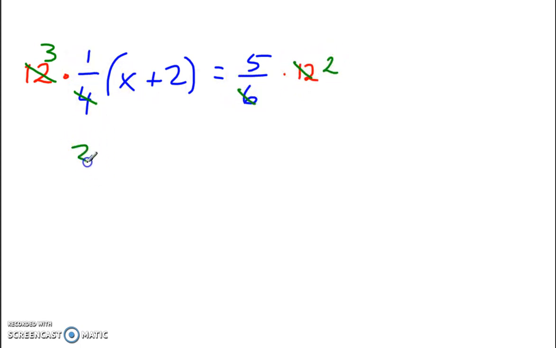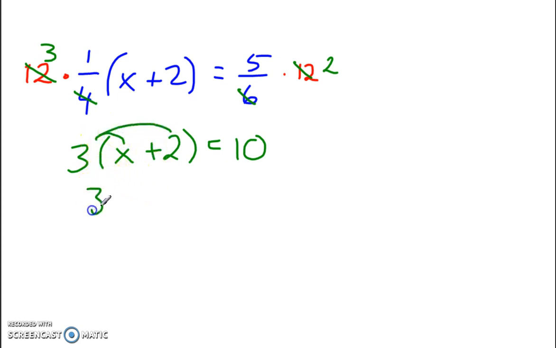Now I have 3 times 1 is 3, times x plus 2 equals 5 times 2 is 10. Now we can do distributive property here. Then I get 3x plus 2 is equal to 10.